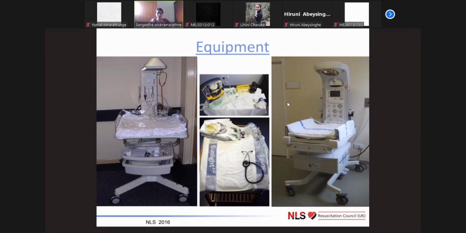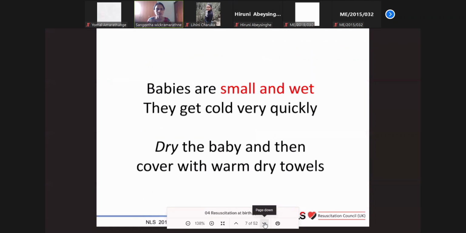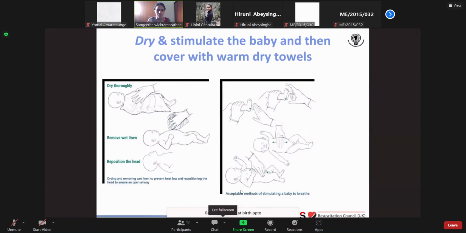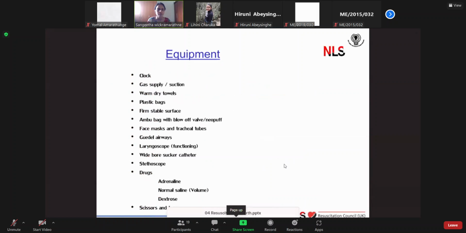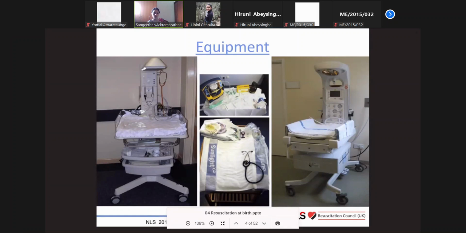And also the ET tubes. In the worst scenario, you might have to intubate the baby. Then you have to have a laryngoscope. Usually we use the straight blade laryngoscope, right? We will see the straight blade laryngoscope during our practical session, and you have to check it and see whether the bulb is loose.